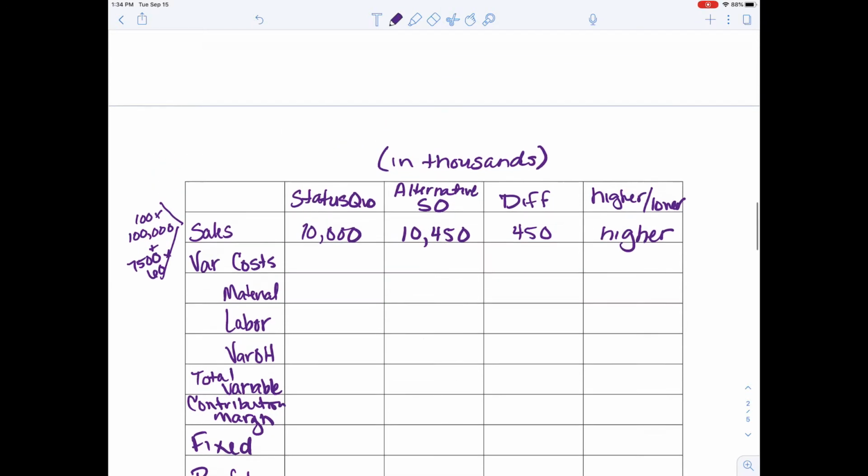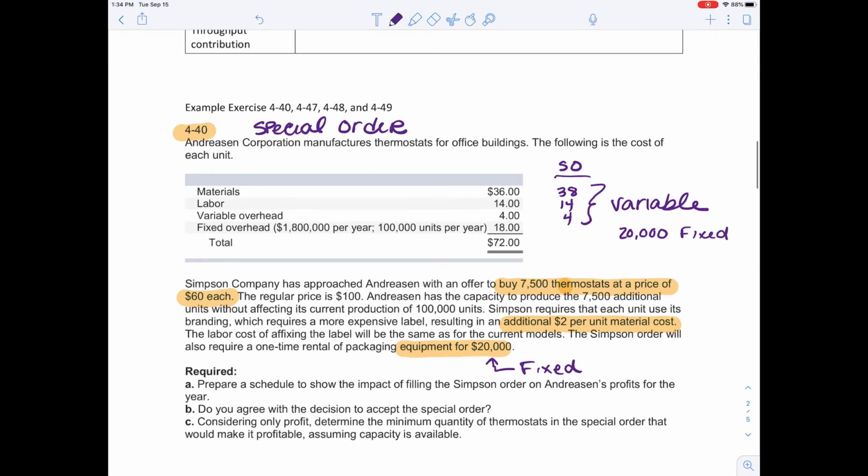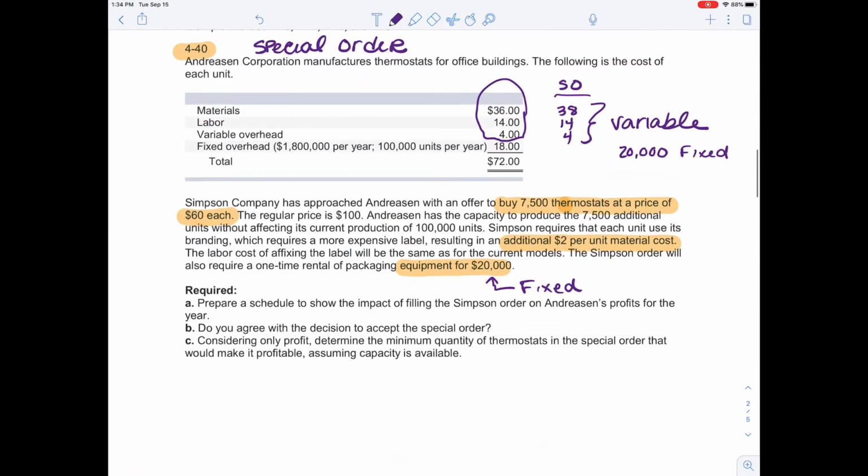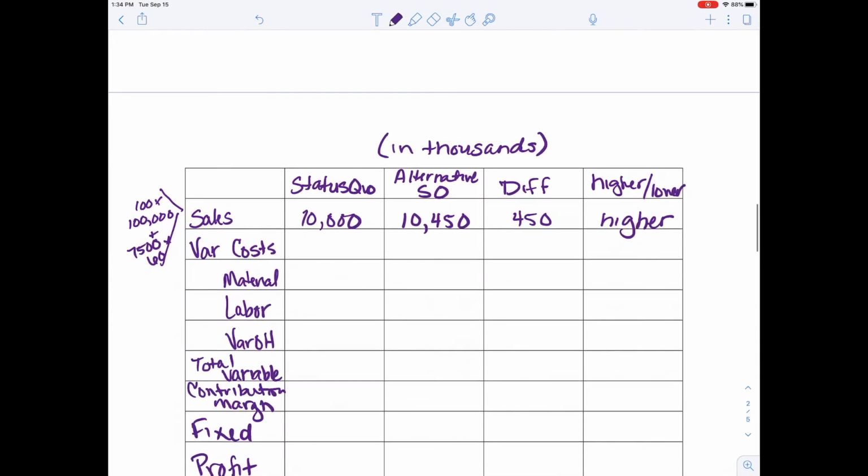Now let's go through those variable costs. Take a quick look back here. If we're looking at the status quo, we're looking at these numbers here for our variable costs, whereas our special order gives us different variable costs in the materials section. So for materials, that would be the 100,000 times the, I already forgot, 36, which is going to give me the 3,600, taking off those zeros.